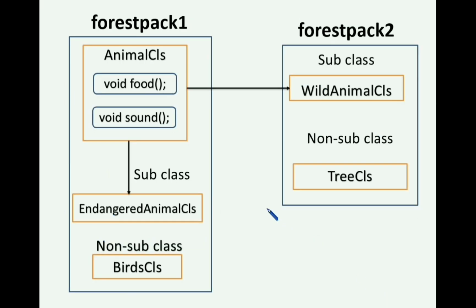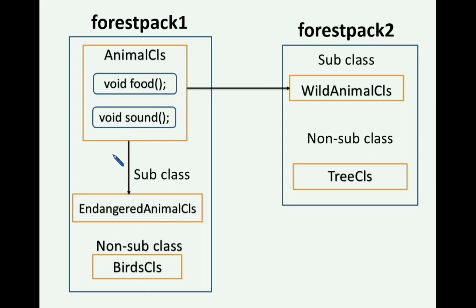See an example here. There are two packages, namely Forest Pack 1 and Forest Pack 2. Inside Pack 1, there are three classes, namely the animal class, the subclass of animal class, endangered animal class, and another non-subclass, birds class.